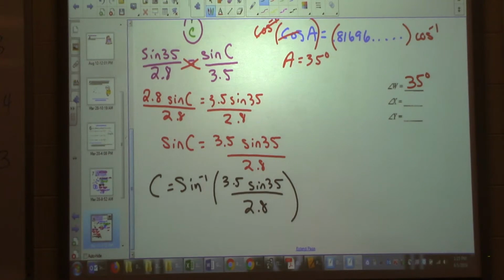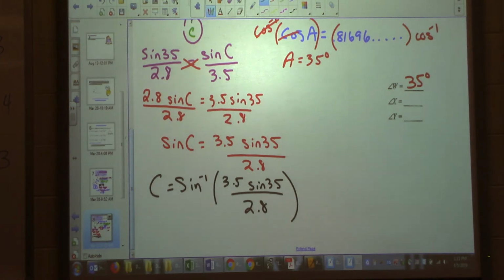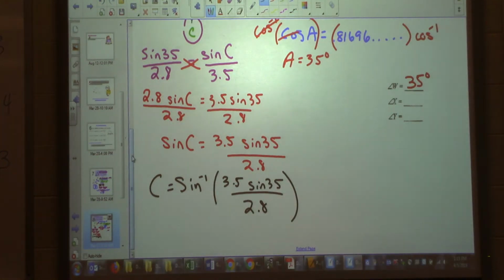Alright, so in your calculators, do that. Inverse sine of 3.5 times the sine of 35 over 2.8. We got 46.